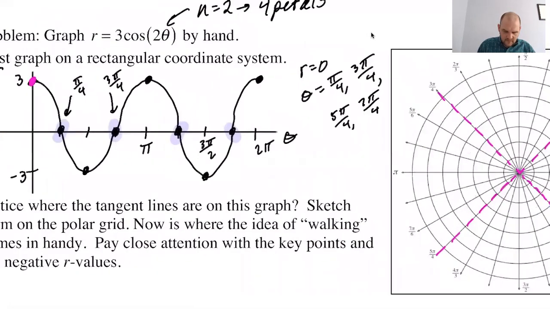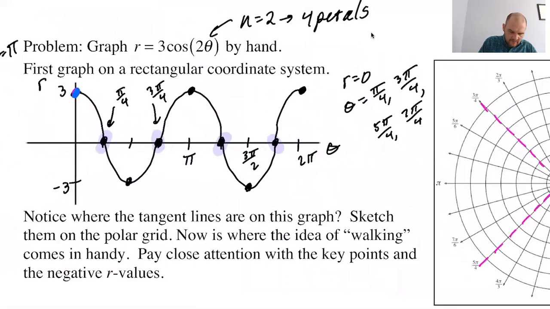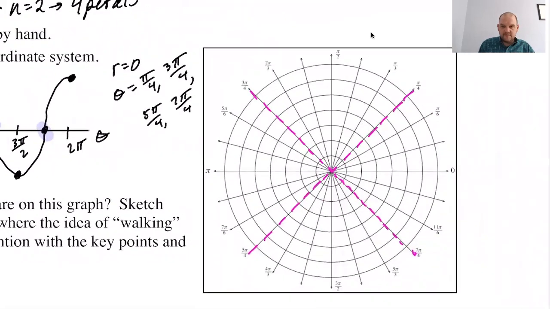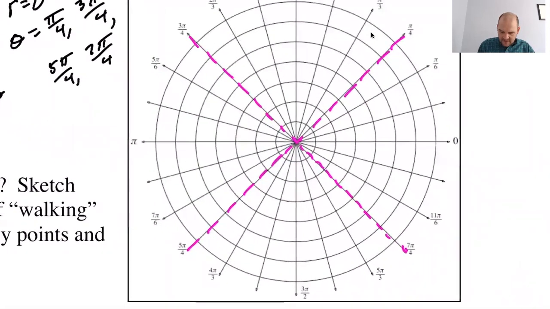Blue. When theta equals 0, r equals 3. I have to decide what I want to count by. I'm going to count by halves. So this is 1, this is 2, and this will be 3. Theta equals 0, r equals 3. So I put a point here.